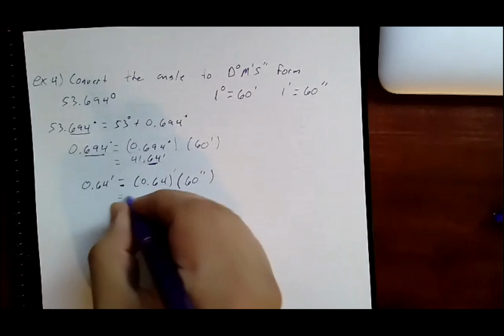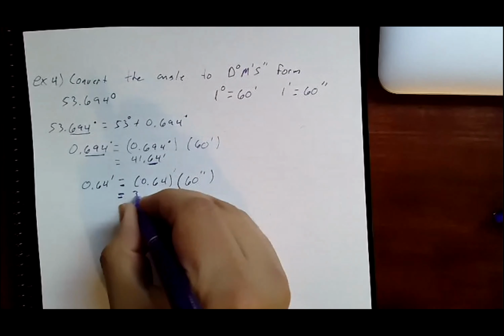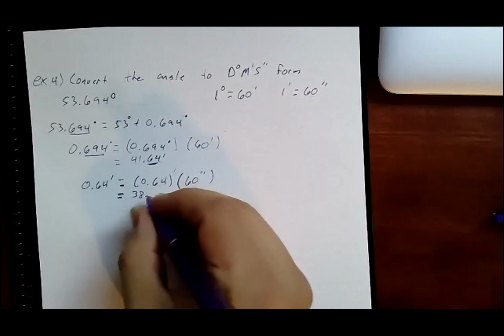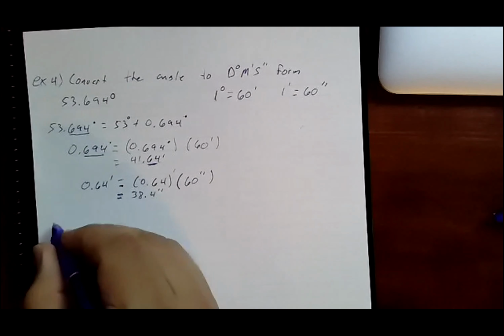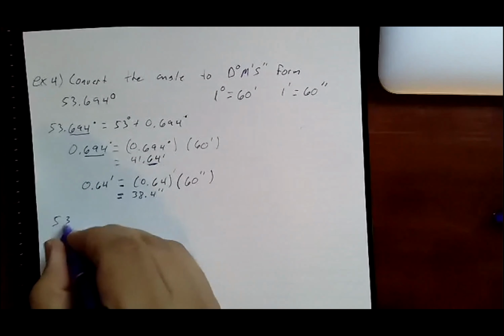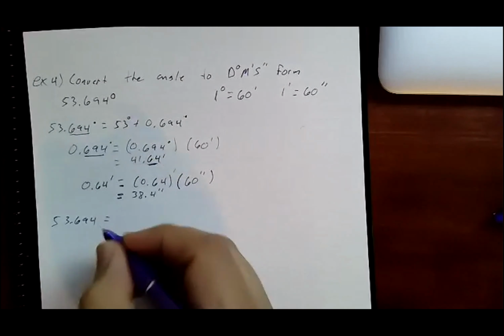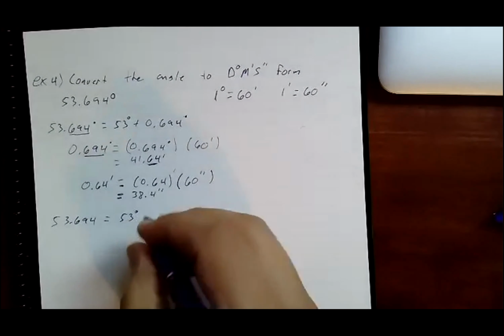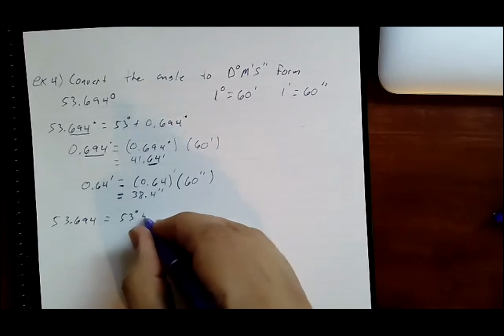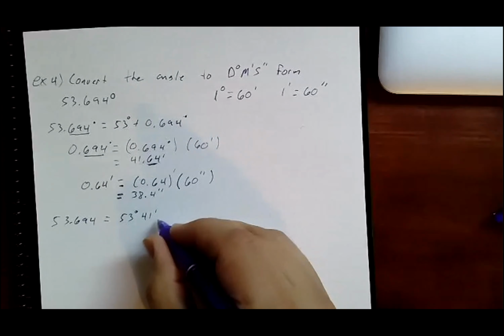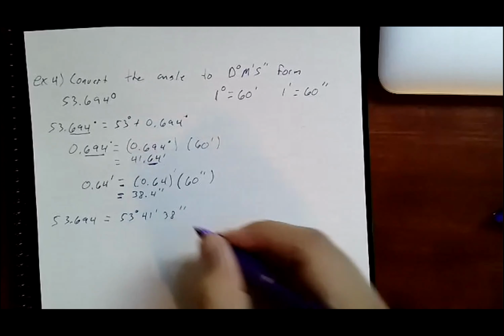Which will give me, according to our calculator, 38.4 seconds. But we're not going to go beyond seconds, so we're going to round that off to just 38. So our final answer will be 53.694 is equal to 53 degrees, 41 minutes, and 38 seconds.